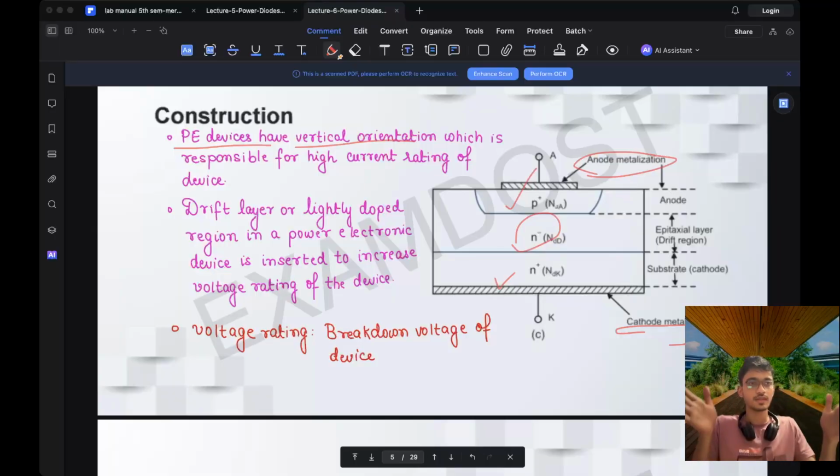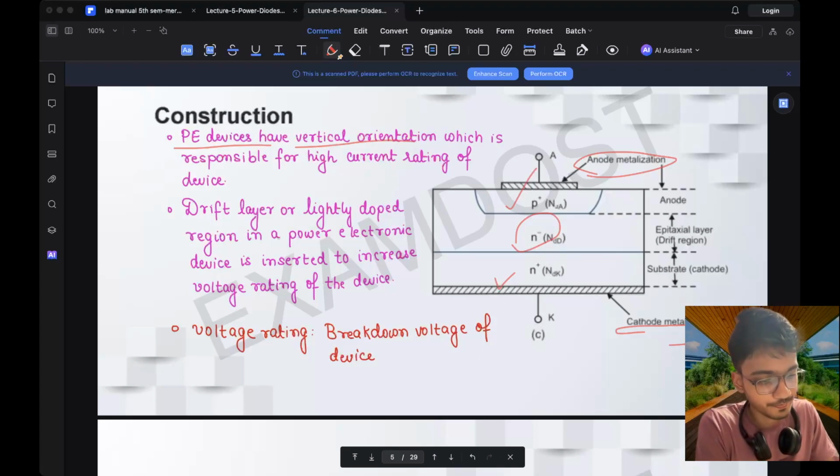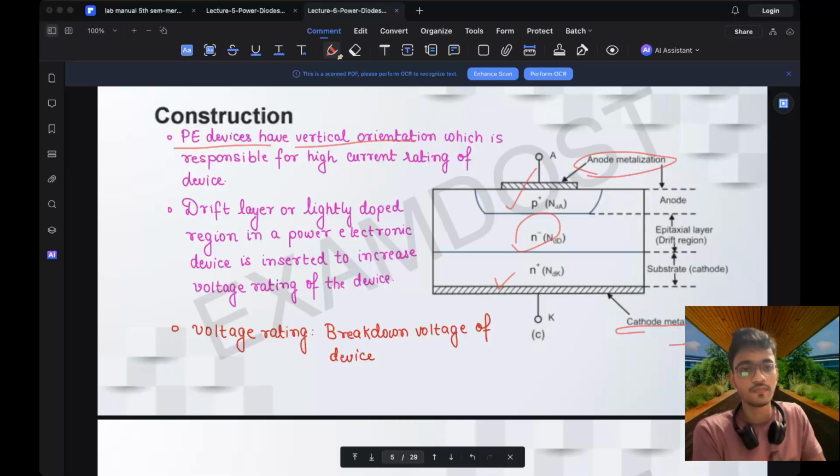If there is a small space, less current will flow. That is why the cross section area increases, and that is why the current rating increases. It means more current will flow.